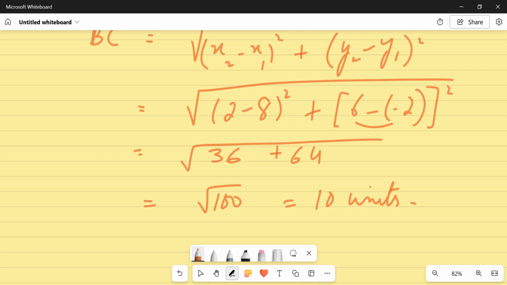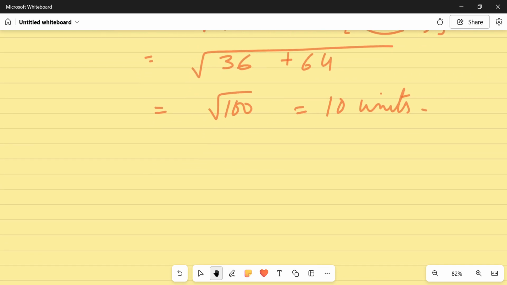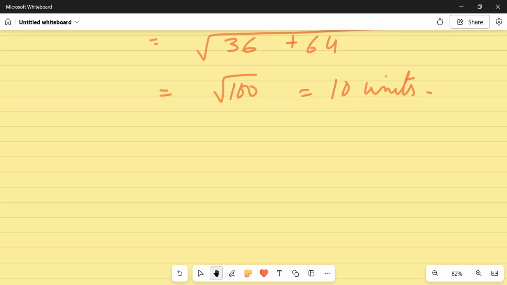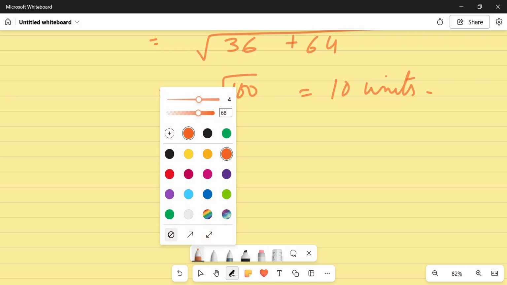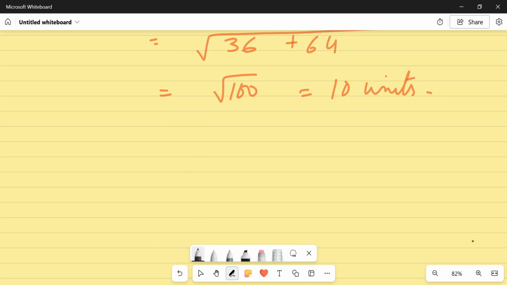Got it? So we have found basically the length of the 3 sides, right? Let me change it. The first side, AB, is 12 units. BC was 10 units.